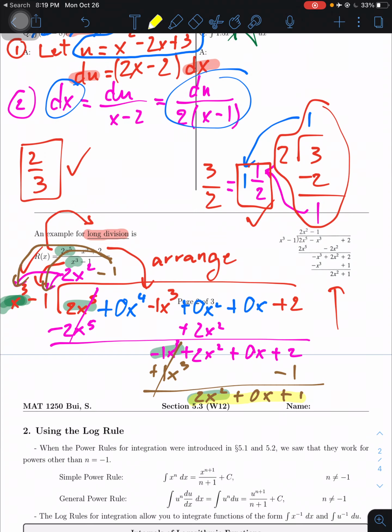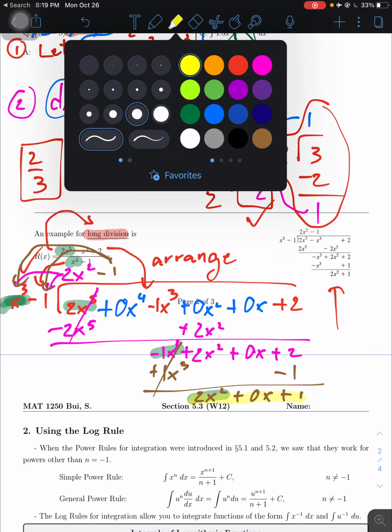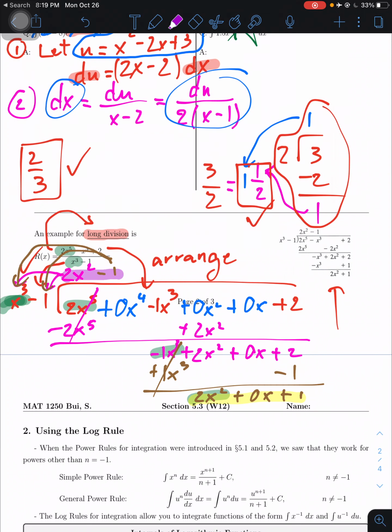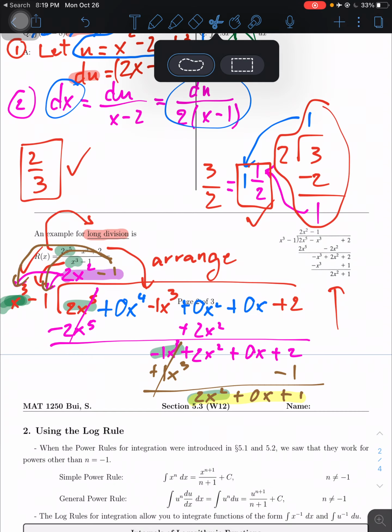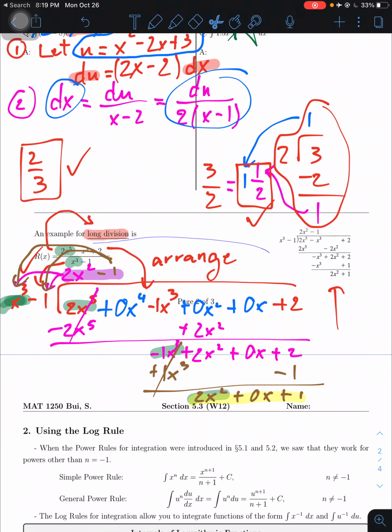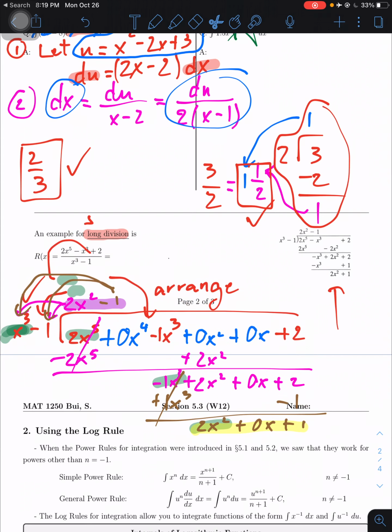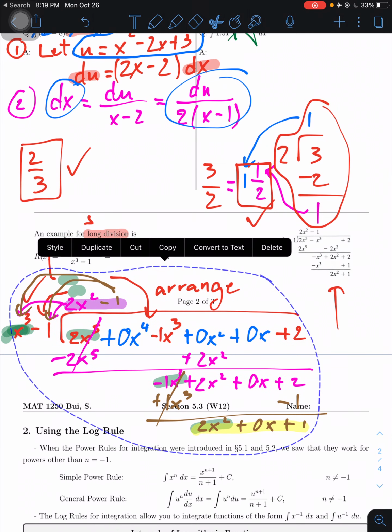Okay, and then this thing in here, let me highlight in purple, would be our answer. Okay, so all of that work just to tell us that if you want to rewrite the original fraction, let me go ahead and move it down a little bit, right here.